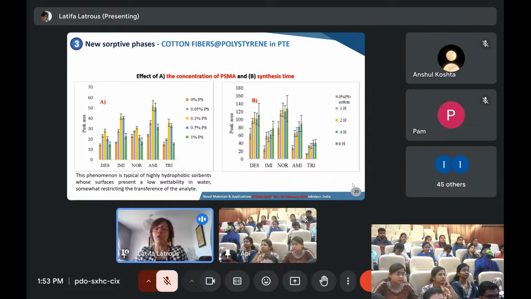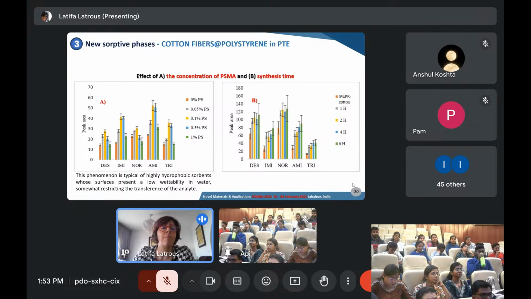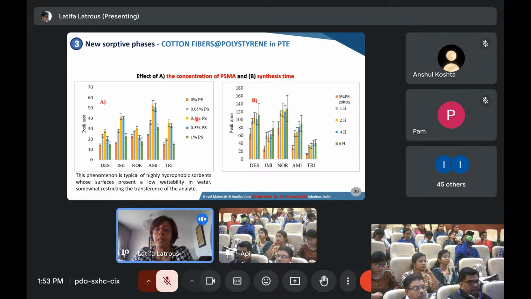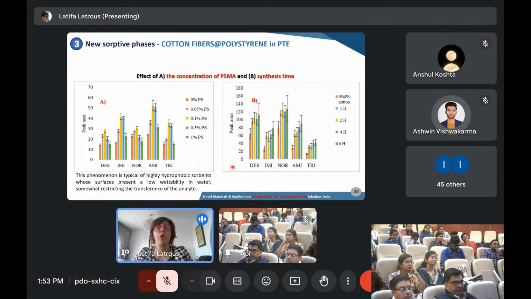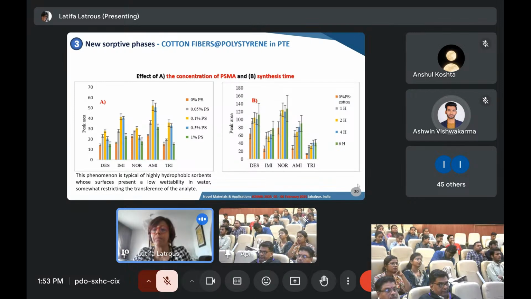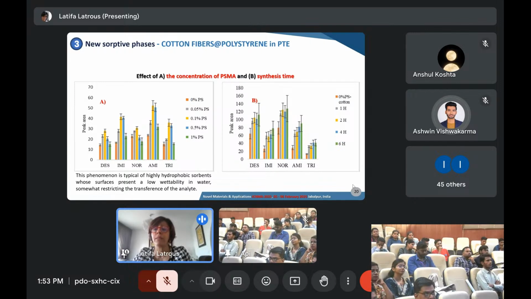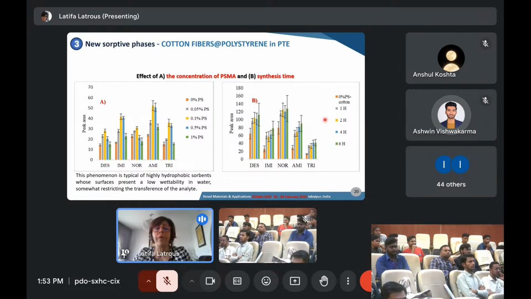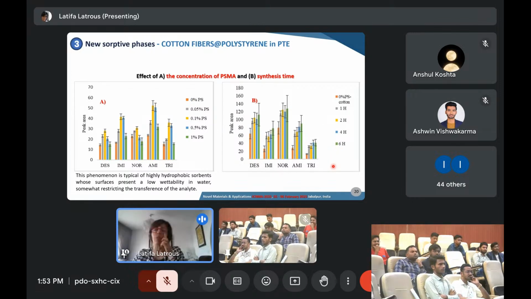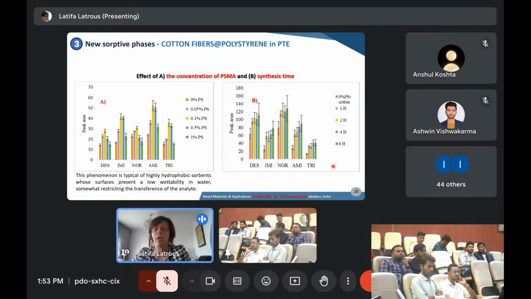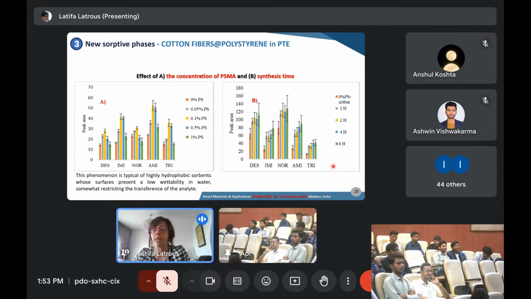For this reason, we kept 0.1% polystyrene as the polymer concentration. As regards synthesis time, we evaluated between 1 hour and 6 hours, and the results demonstrate that 1 hour is enough to immobilize the polystyrene over the cellulose surface.